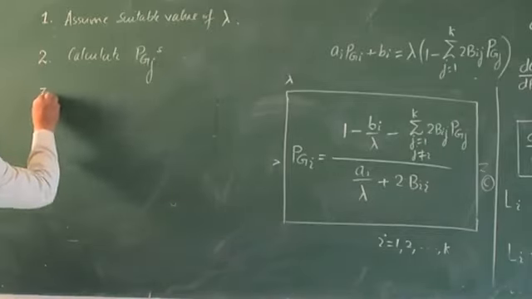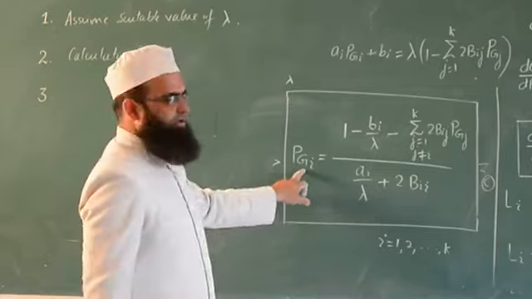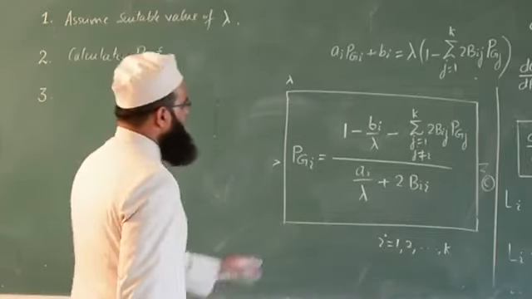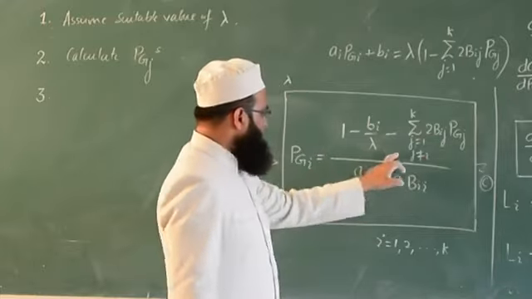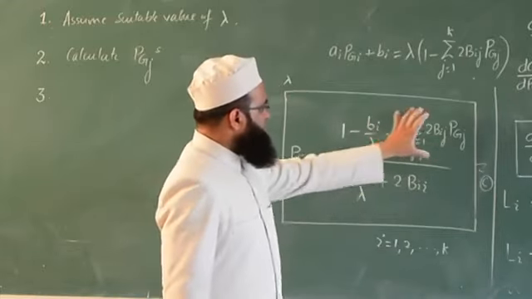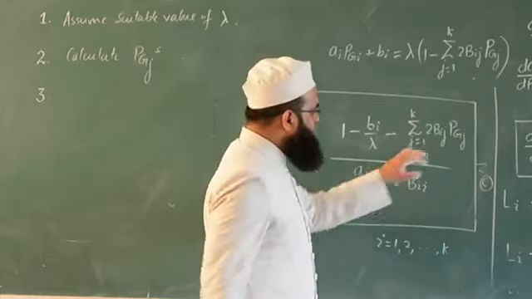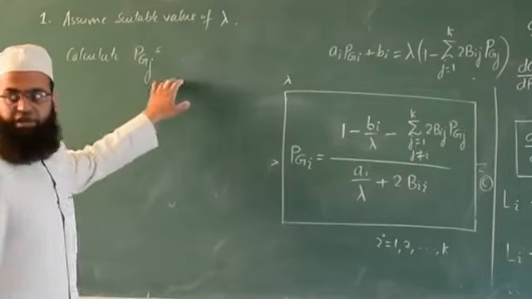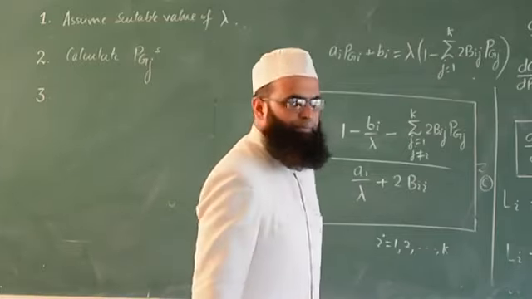Third, solve equation C for PGI. Suppose you want to solve for PG1. So the values of PGJ except PG1, here j is not equal to i, so we need to write PG2, PG3, PG4 like that. Those PGs will come from step number 2, which has been obtained using the simple equal incremental cost criterion.